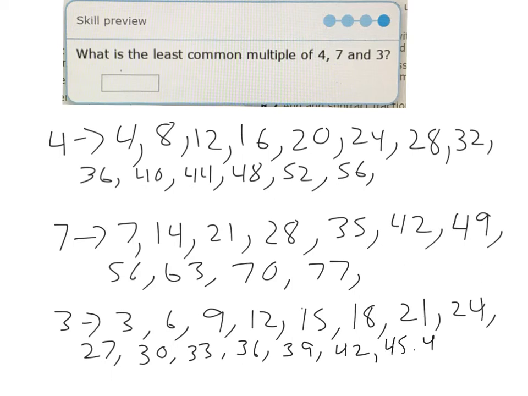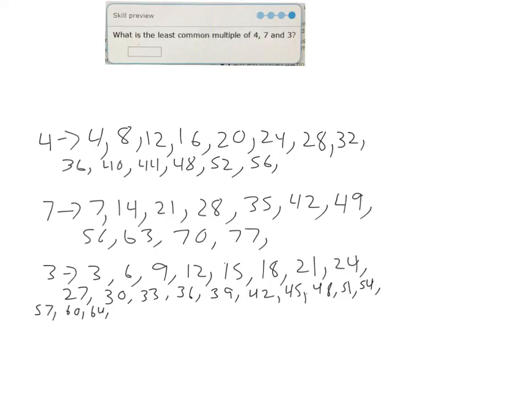45, 48, 51, 54, 57, 60, 63. We have to make these smaller. Keep going. Let's do some more 7s, shall we?